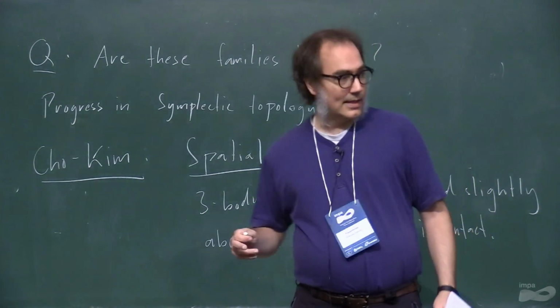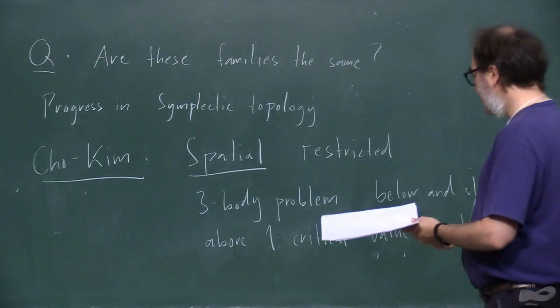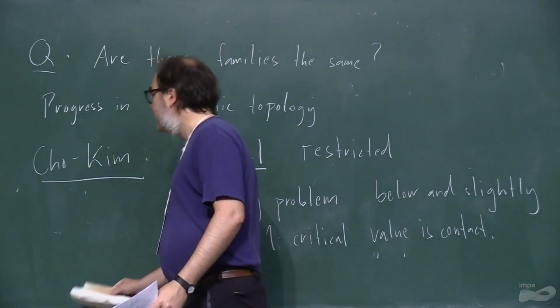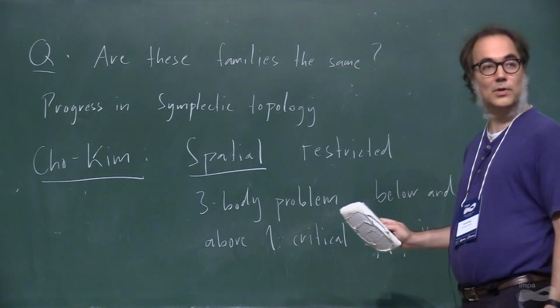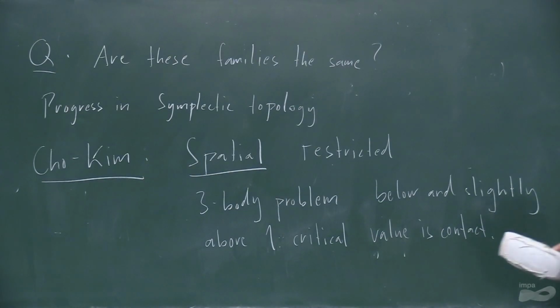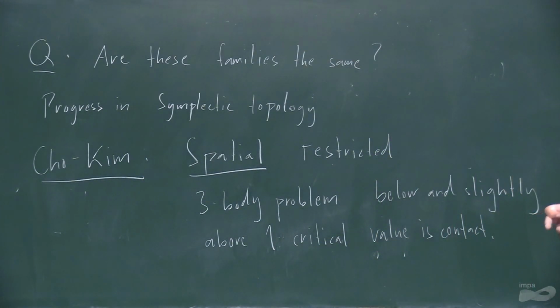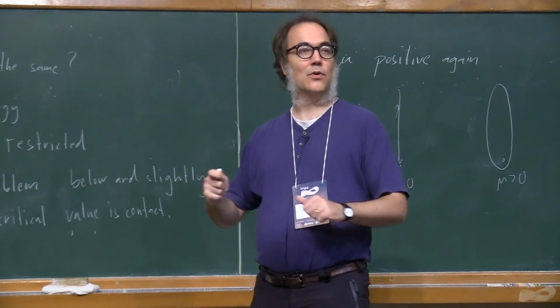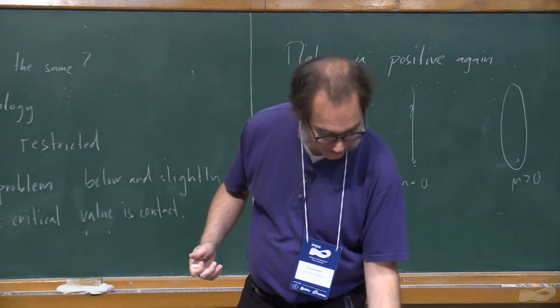And I would like to, at the end of this talk, tell something about what this contact geometry tells us about families. Namely, this contact topology provides families for escaping.